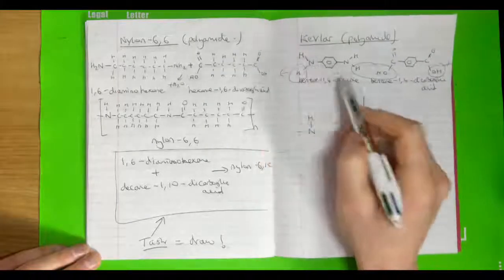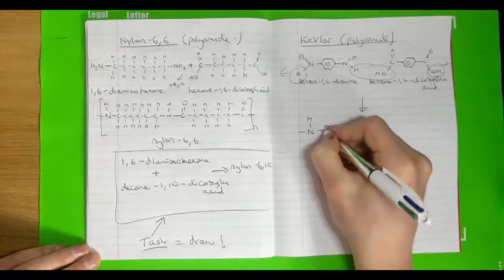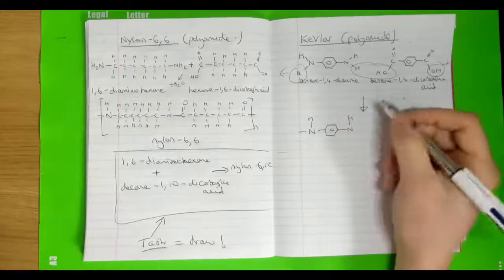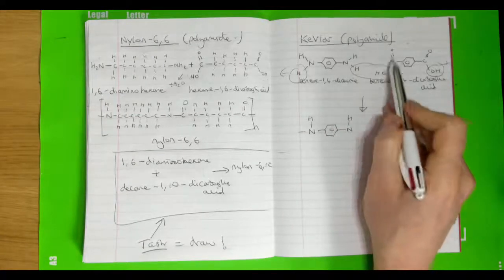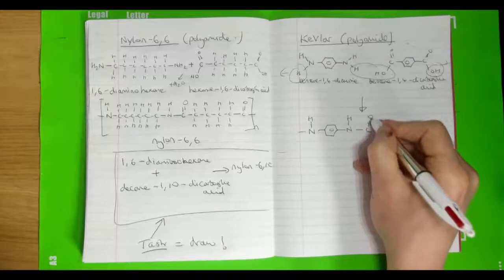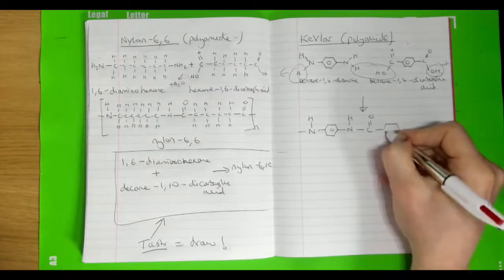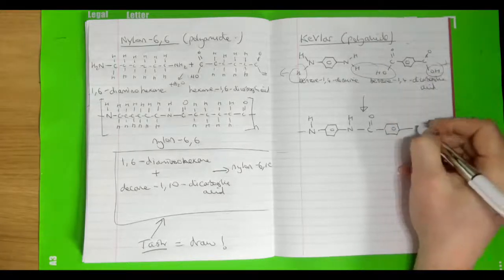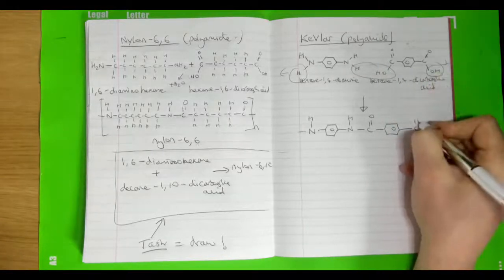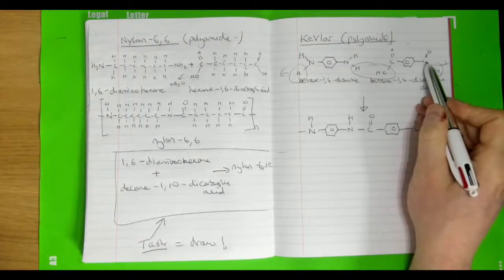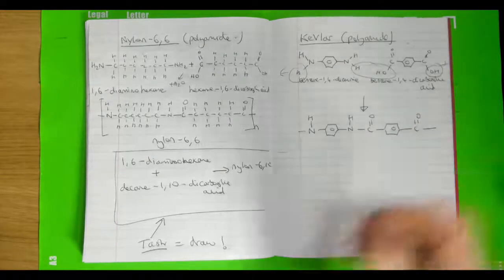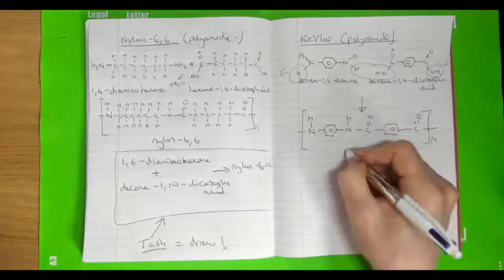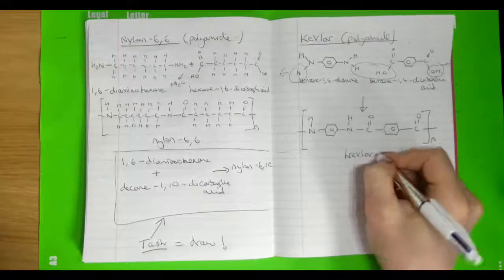NH here, benzene ring, NH, and the N is chemically bonded to that C double bond O. Benzene ring, C double bond O, and that C double bond O will be bonded to another N over here somewhere. So that's our repeating unit, and that is Kevlar, which is a polyamide.